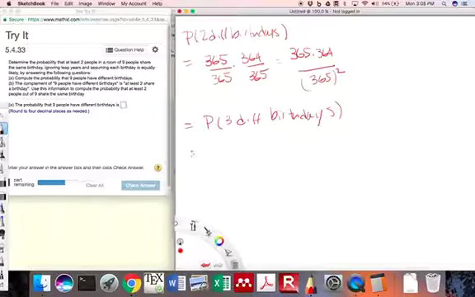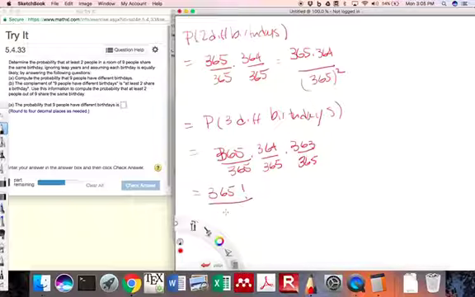Okay, I'm hoping that you wrote something like this. 365 over 365 times 364 over 365 times 363 over 365, which is, of course, 365 factorial over 365 minus 3 factorial. And then I'll just write this 365 to the third as a division.